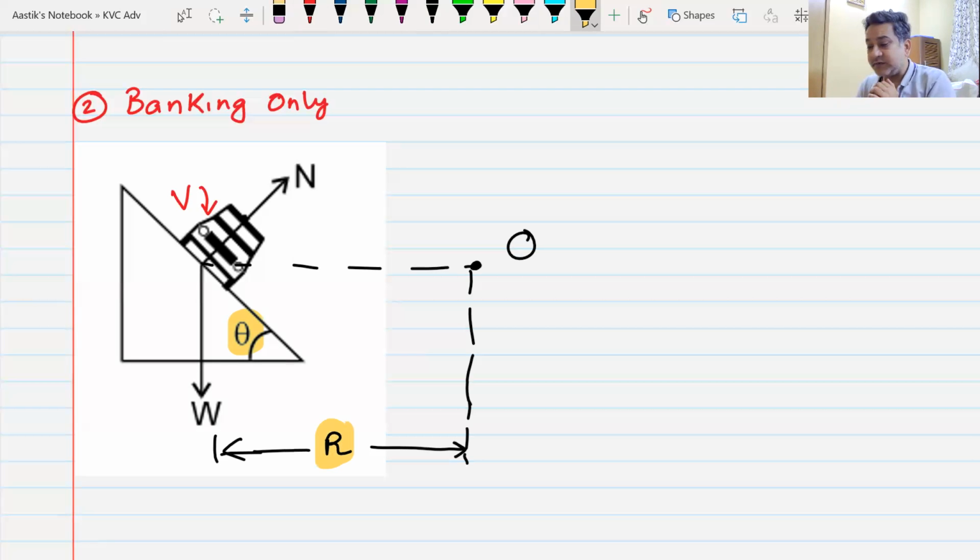And that is what helps vehicles to turn when it is raining and the friction is almost absent. With repeated running of vehicles on road, the road becomes smoother and smoother. The road becoming smoother is not good because then friction goes away. Then the only thing that is helping vehicles to turn is the banking because friction is almost not there.